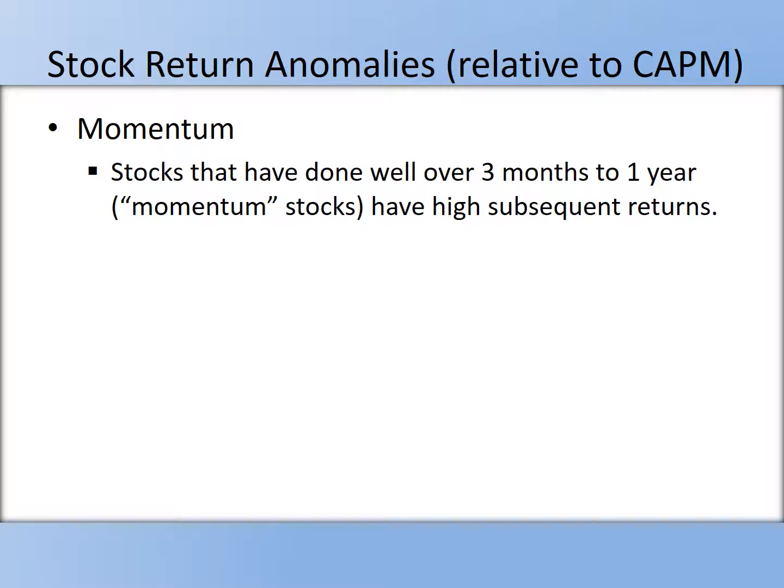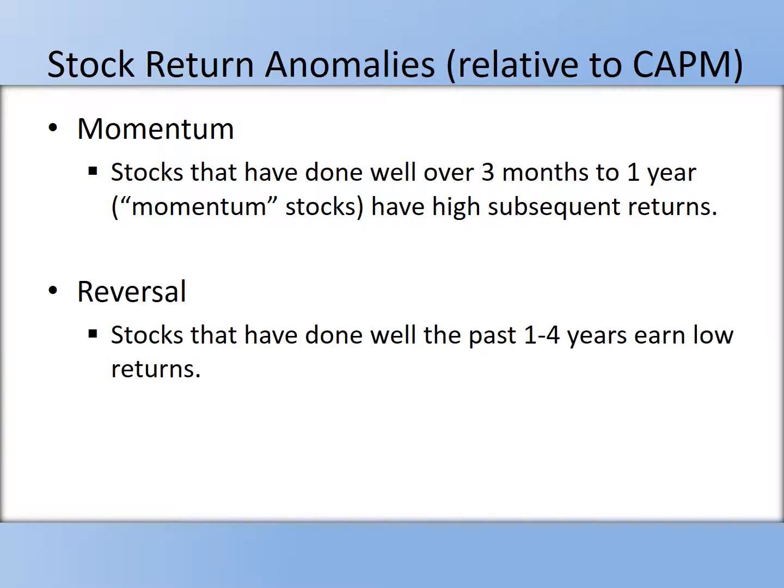So if a stock has been doing well within the past year, chances are they're going to do well next year. Obviously, this is all on average. If you pick a single stock, there's a high chance that this is not going to happen. But if you pick a portfolio of stocks that have all been doing well in the past year, then chances are, on average, your portfolio will do well in the next year.